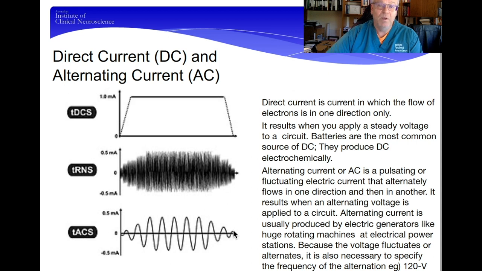Okay. Now we also have another type of current, and you'll see this frequently. It's starting to be used more and more in different types of brain stimulation. And this is called random noise stimulation. So this is a random fluctuation of currents.